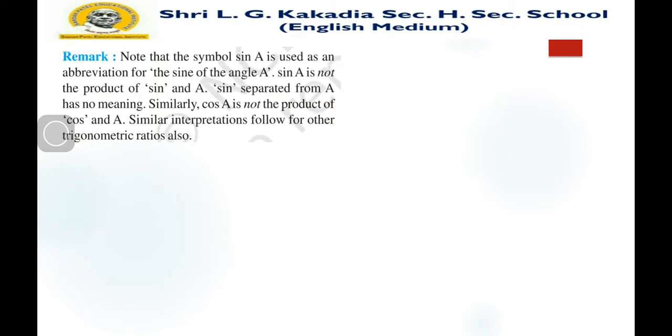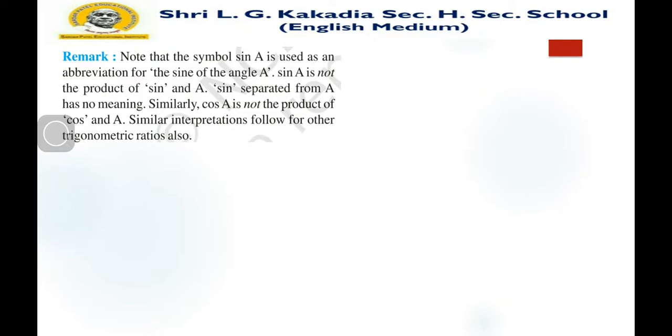Remark: note that the symbol sin A is used as an abbreviation for the sine of the angle A. Sin A is not the product of sin and A. Remember that sin A is not a product of sin and A. Sin separated from A has no meaning.